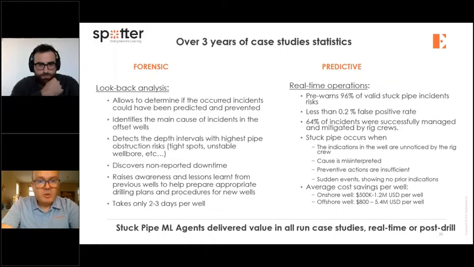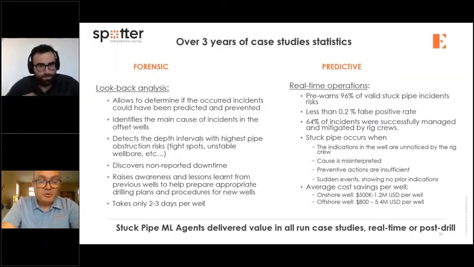One thing is to determine if the incidents or the issues that they had at their old wells actually could have been predicted. Because if they could have been predicted, then they could most likely have been prevented. They want to see if it could have been predicted with enough time before the incident. Then they want to know, what was the main cause of this NPT in the offset wells, right?